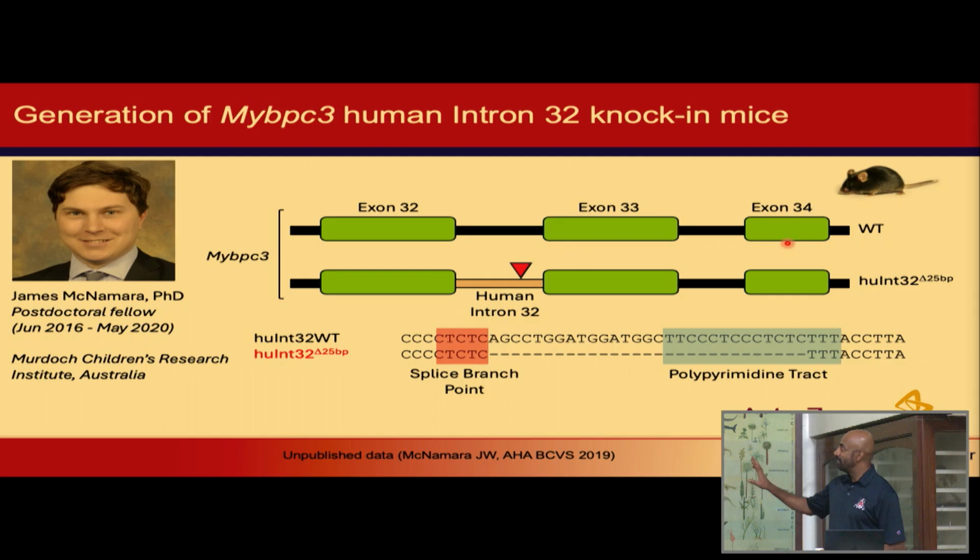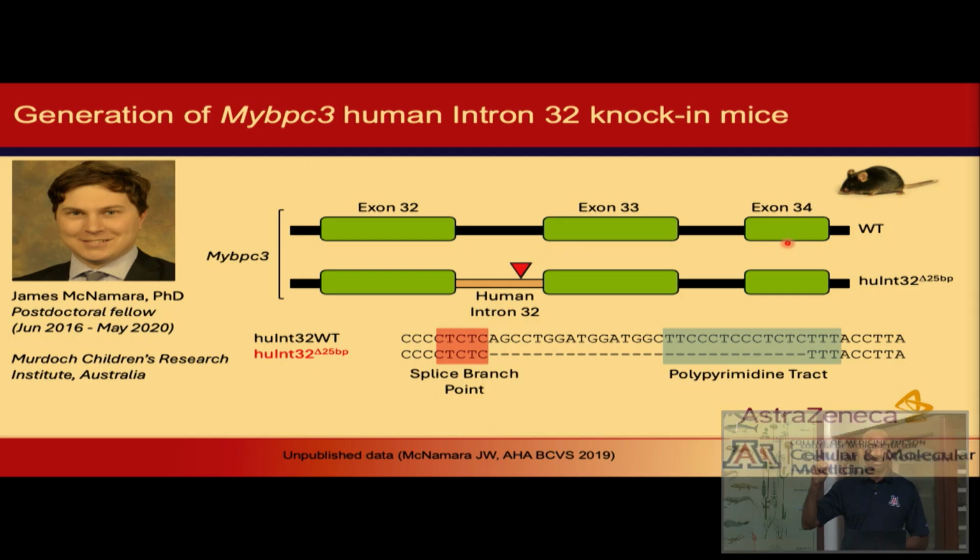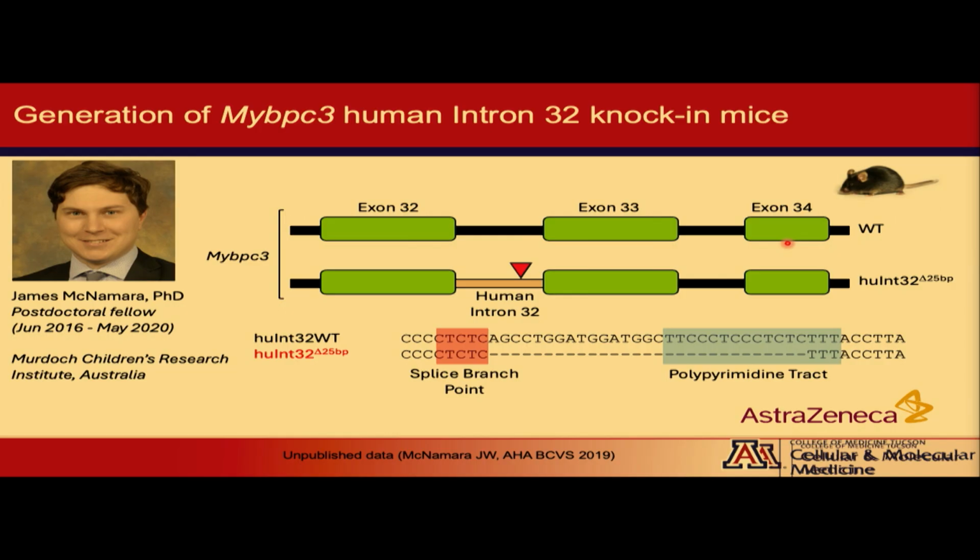So we have now two different models. We created a humanized mouse model in which we removed the intron of the mouse and put in the human intron with or without the 25 base pair deletion. Then we can really see the splicing, the RNA expression, and also the phenotype.